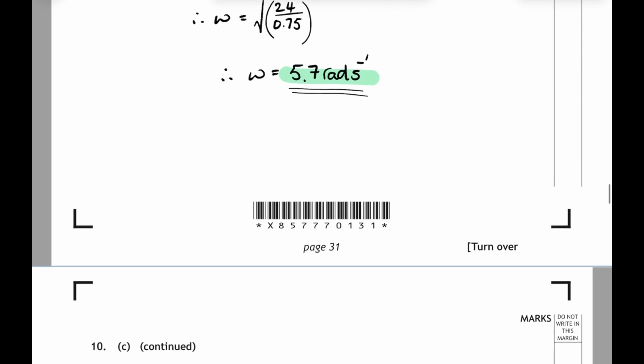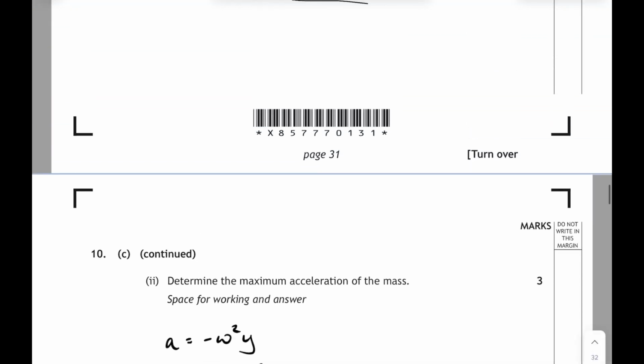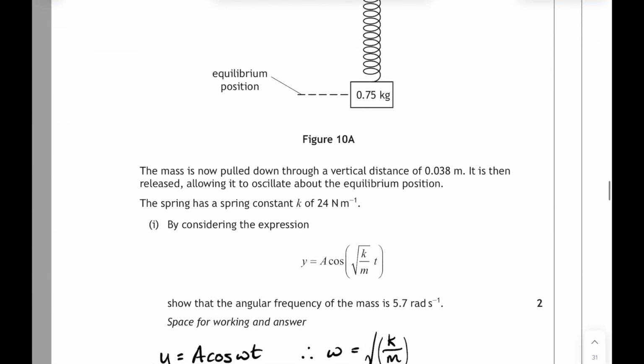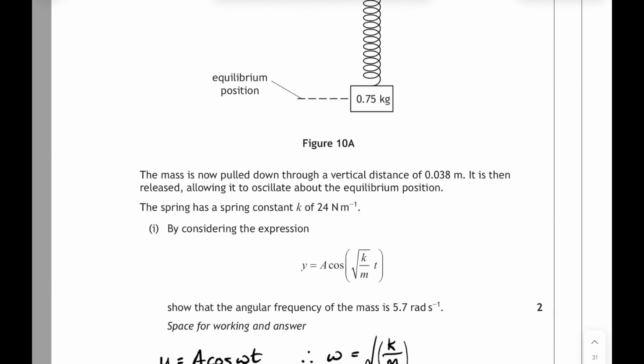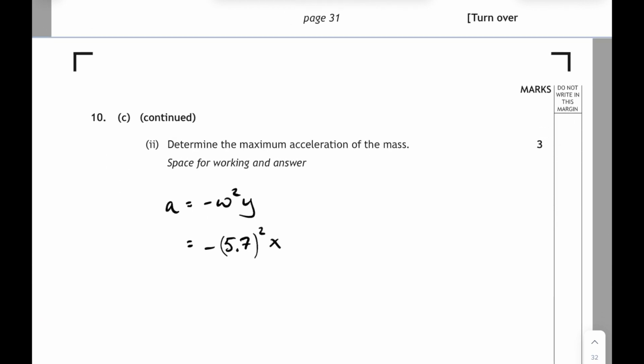It was 5.7, so it'll be minus 5.7 squared times the displacement we were given in the question, which was 0.038 meters. That's the vertical distance that it has been pulled down from its equilibrium position. So at 0.038 meters, that's when the acceleration will be at a maximum.